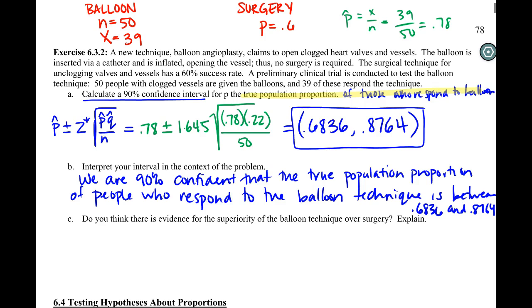Perfect. Excellent. And if you wanted to, you can always write these things as the true population percentage, and you could give me 68.3 to 87.6.